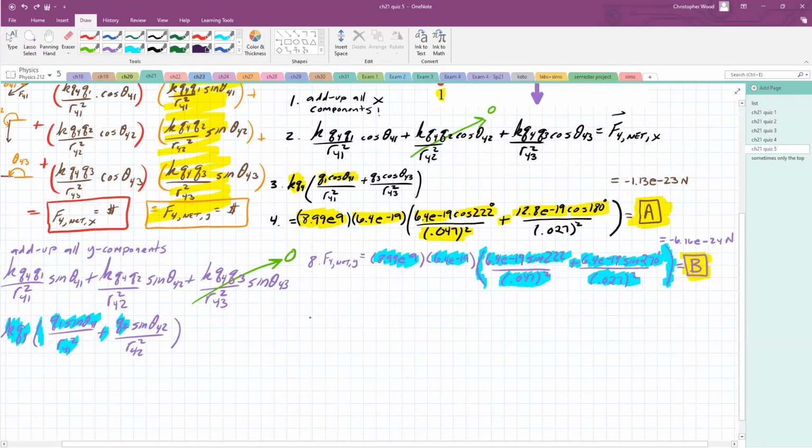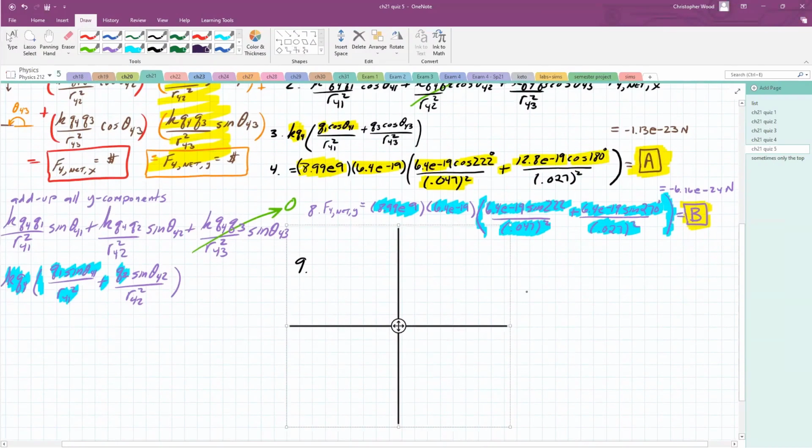Let me draw a little graph here. This is what's going on with what you've just found. You have a net X force going in the negative direction. All right, here's your X force. Let me make that a little bit thicker.